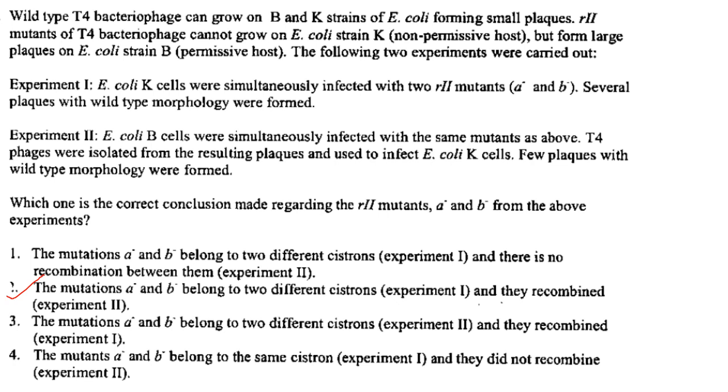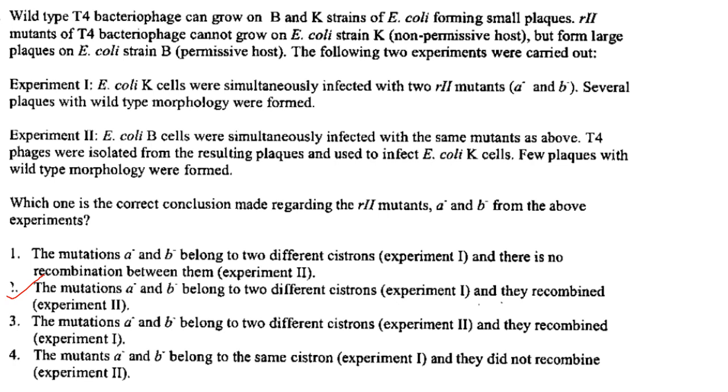They have already told us that R2 mutants cannot grow on E. coli K. But how come, when E. coli K cells were simultaneously infected with two R2 mutants, you got plaques with wild type morphology? That may be because of a phenomenon called complementation. That is, mutations A and B belong to different cistrons and they complement each other, and plaques are formed.